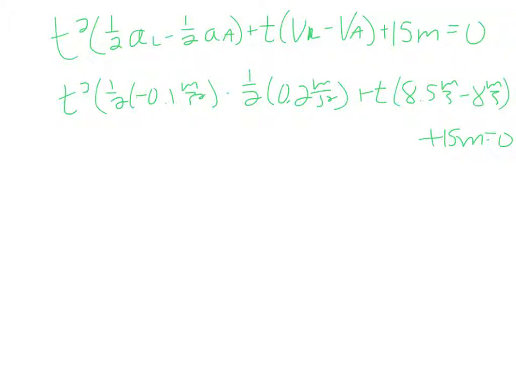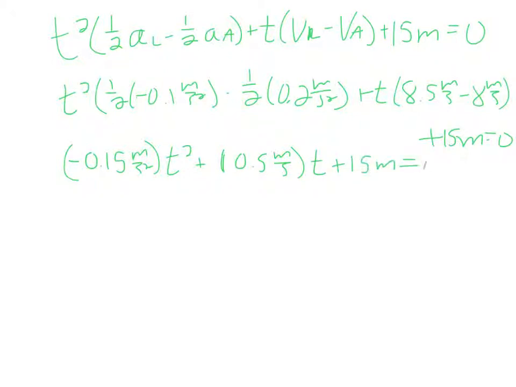So these coefficients, it would be negative 0.15 meters per second squared T squared plus 0.5 meters per second T plus 15 meters equaling 0.